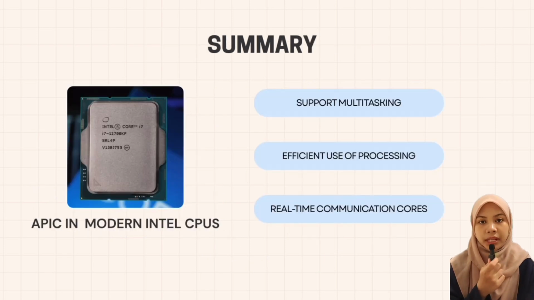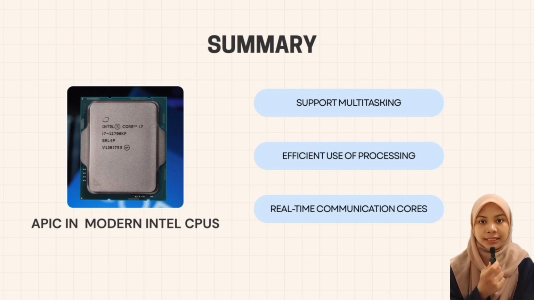So, in summary, APIC allows modern Intel CPUs like the i7 12700K to handle interrupts in a faster, smarter, and more scalable way. It replaces old systems like PIC and enhances performance by routing interrupts directly to the best suited CPU cores.